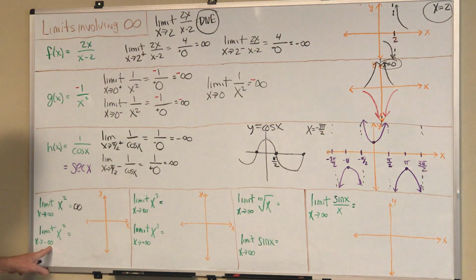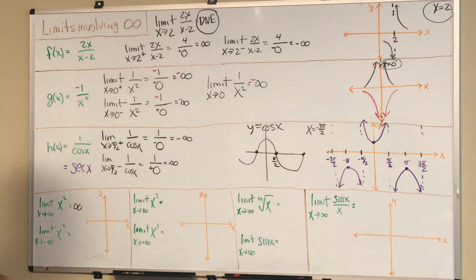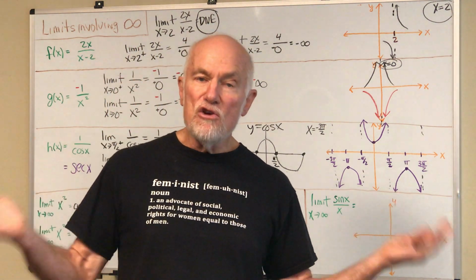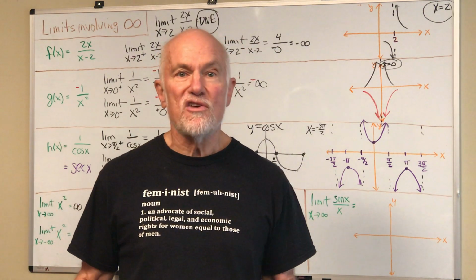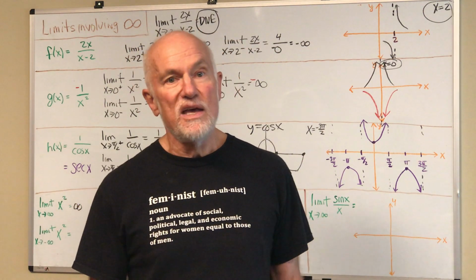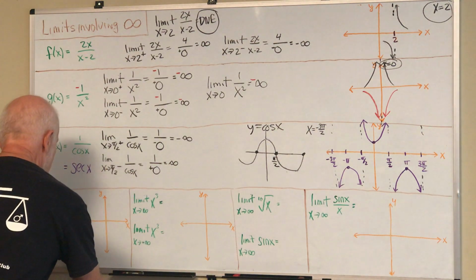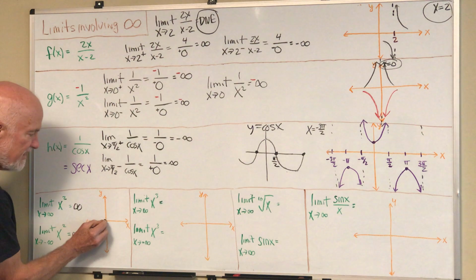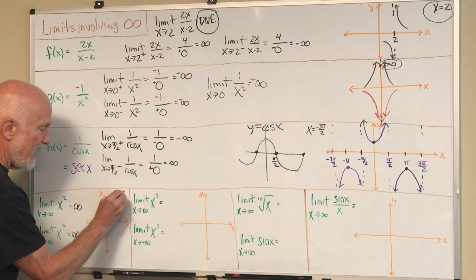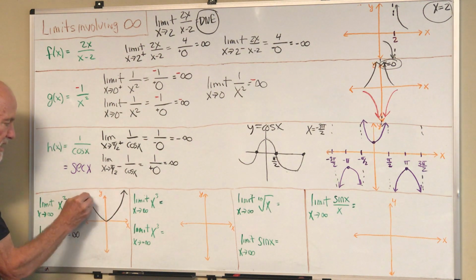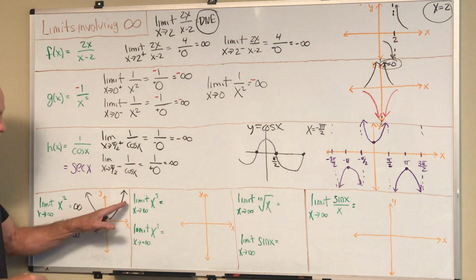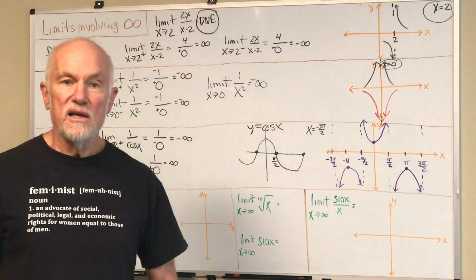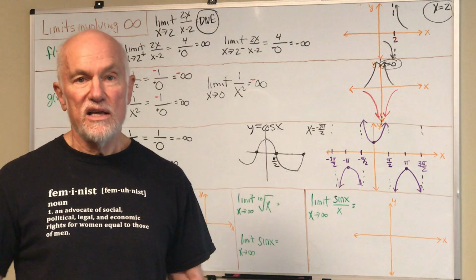Well, what about as you're approaching negative infinity? Well, if you took a negative 1,000,000 and squared it, you're going to get a huge number, and it's still going to be positive, because a negative times a negative is a positive. So this answer would also be infinity. And you kind of know that that's what happens. As x gets really, really large or really, really small, the function values get large towards infinity.